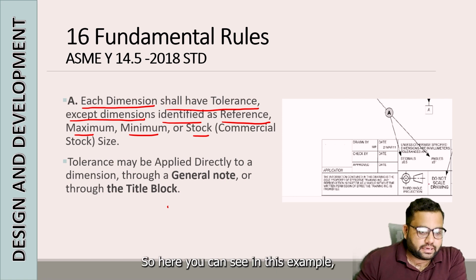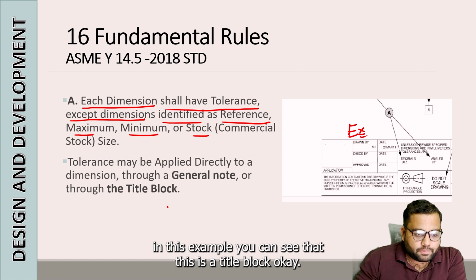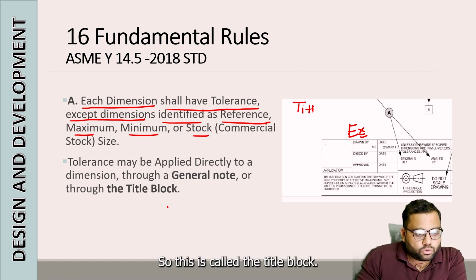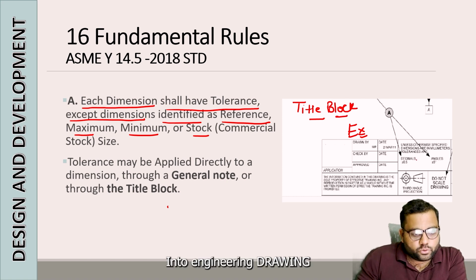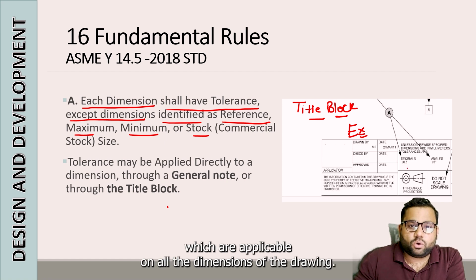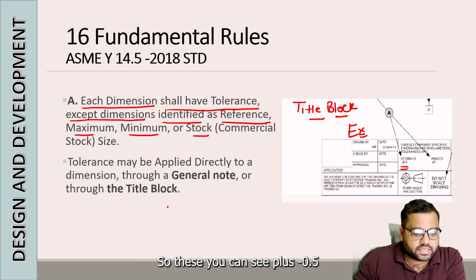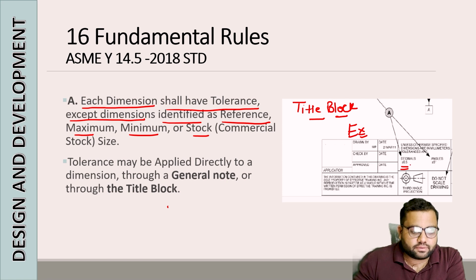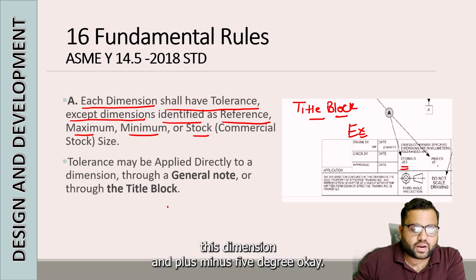Here you can see in this example that this is a title block in the engineering drawing, and these are some tolerances which are applicable on all the dimensions of the drawing. You can see plus minus 0.5 for the dimension and plus minus 5 degrees.